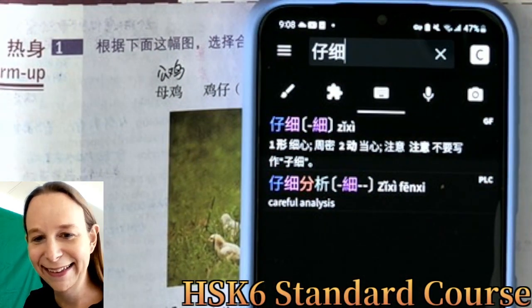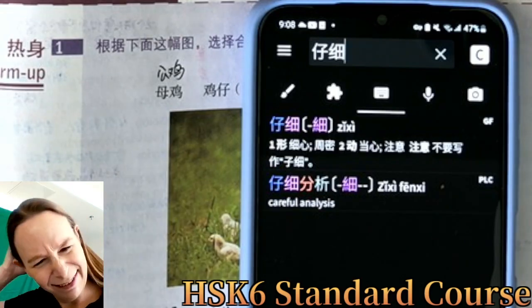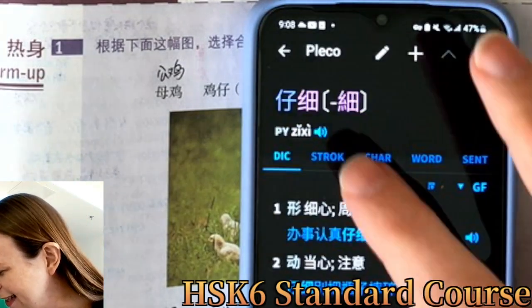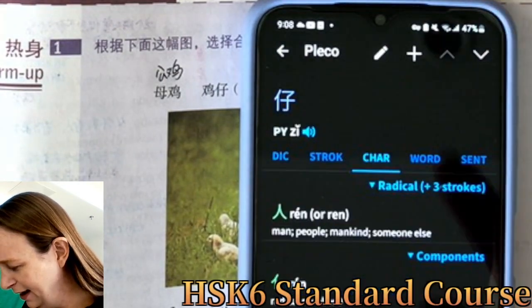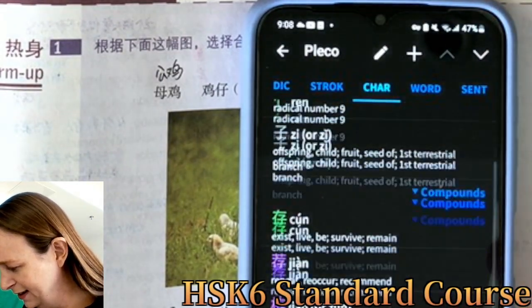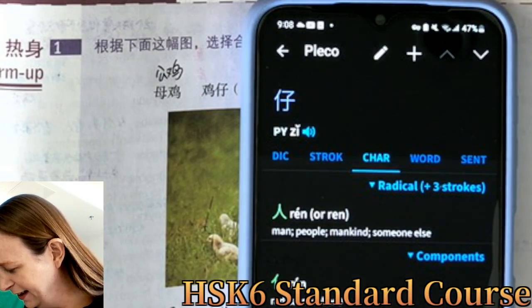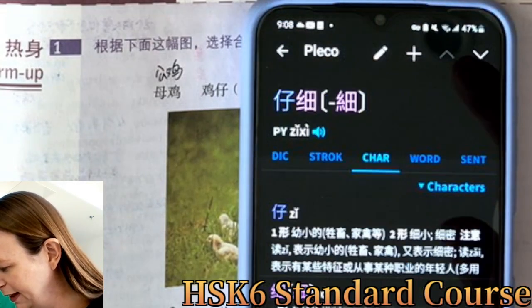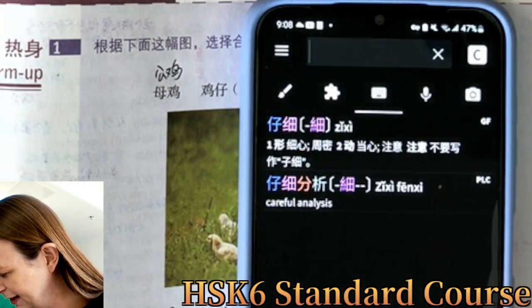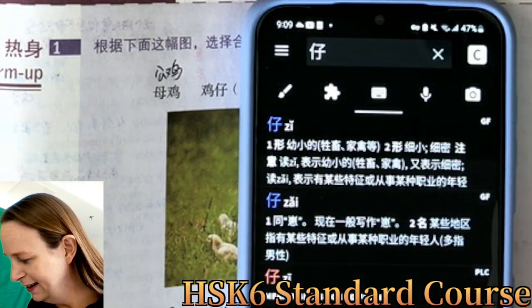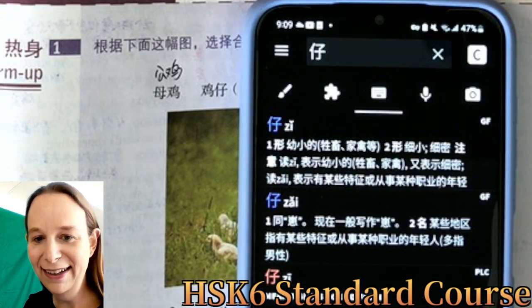Okay, interesting. Let's look it up. It's not there. Is it the same character? 仔, 子仔, yeah, same character.